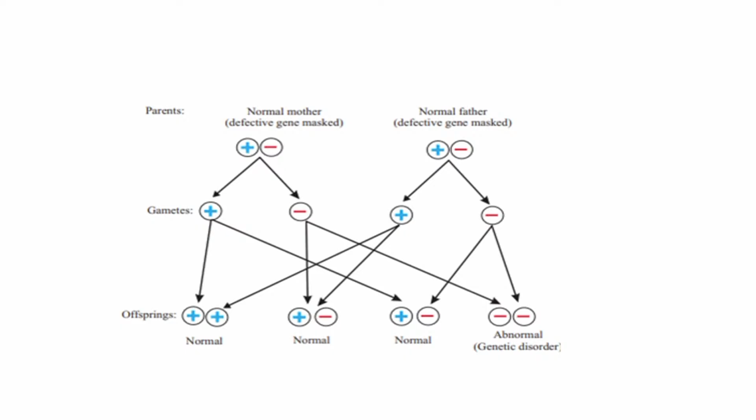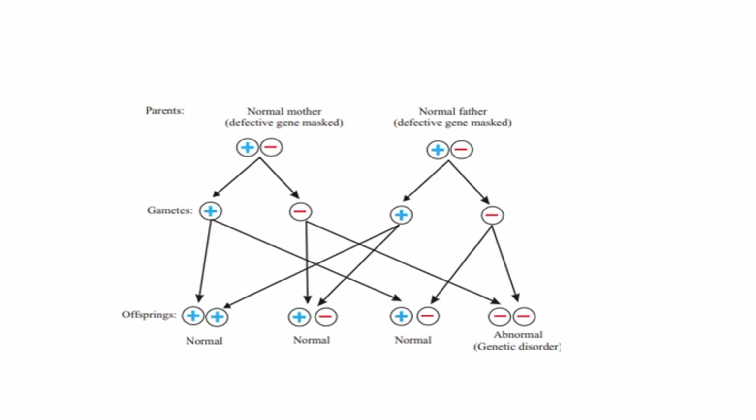The person with the minus minus genotype is affected by the genetic disorder. The mother is normal, with genotype plus minus. The father is normal, with genotype plus minus. Both parents look normal, but are carriers of the recessive defective gene.